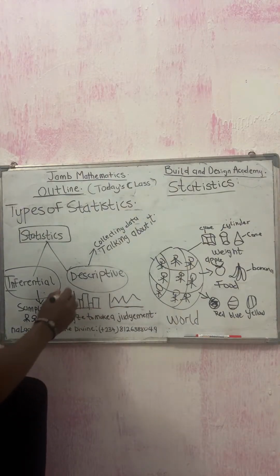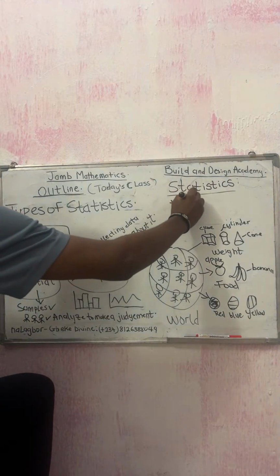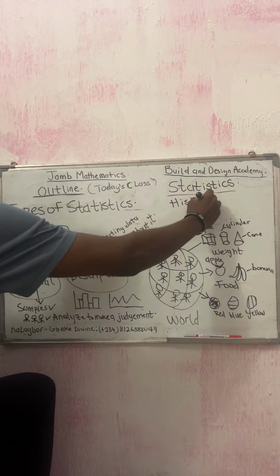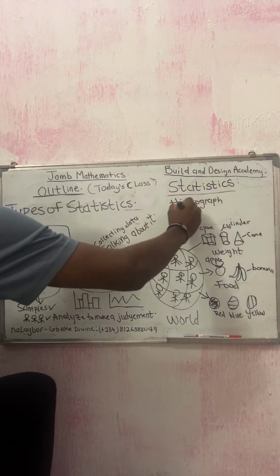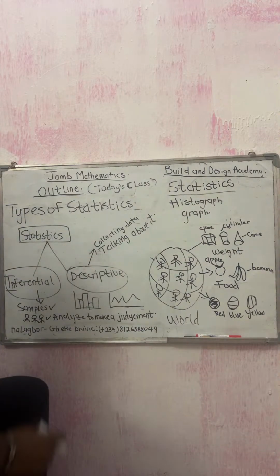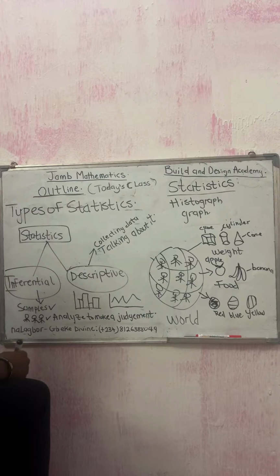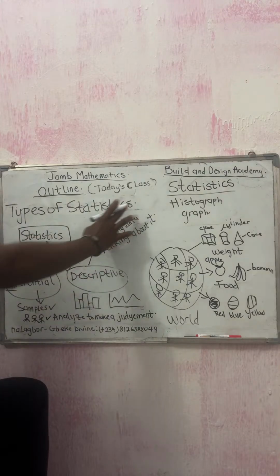So this is a histogram, this is a graph. Let me spell it here. Histogram, a normal graph. To use it for what? Descriptive statistics after collecting data.